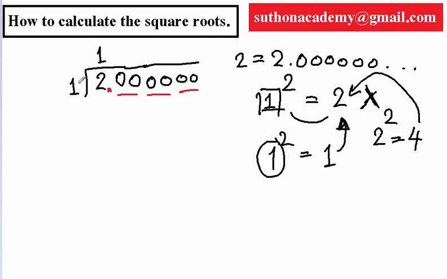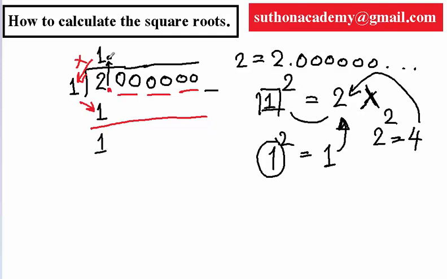This is a factor. Okay, this is the result, and I bring the point up. I mark the point here, and then I write the result, these two numbers times each other, and it becomes the result here. And then I subtract 1 from 2, so the result is 1, right?